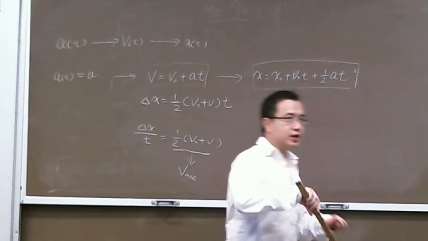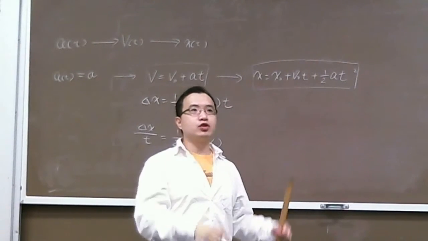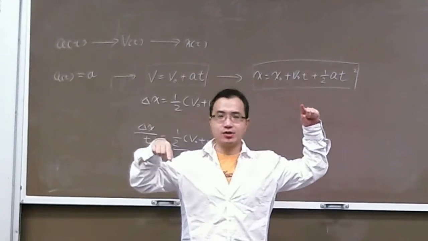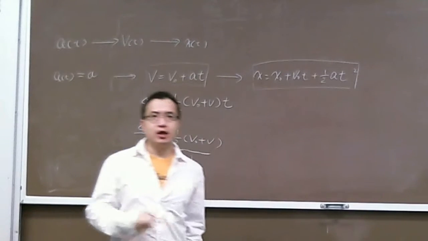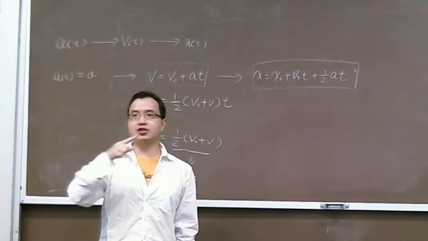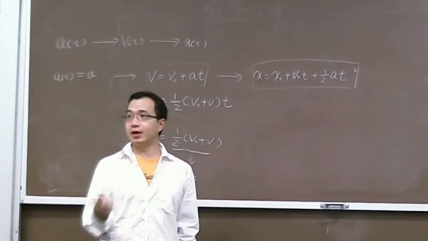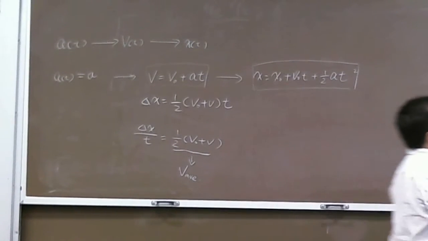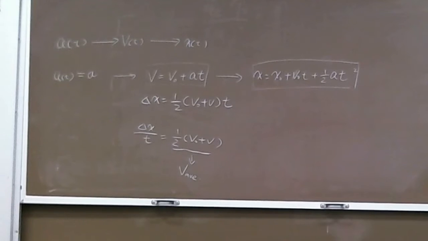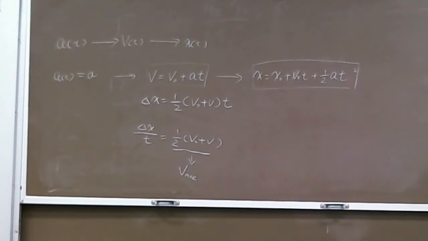So if the velocity increases at a constant rate, to find the average velocity, you can simply add the initial velocity and final velocity and divide by 2. But if the velocity increases at a non-constant rate, you cannot simply add the initial velocity and final velocity divided by 2 to get the average velocity. Okay. So all these equations are only true for motion with constant acceleration. So that's something you have to pay attention to.